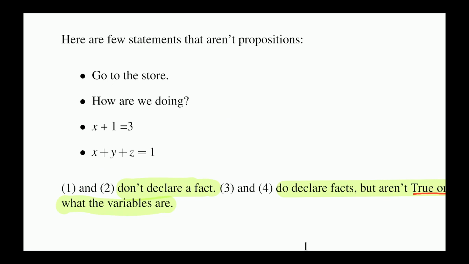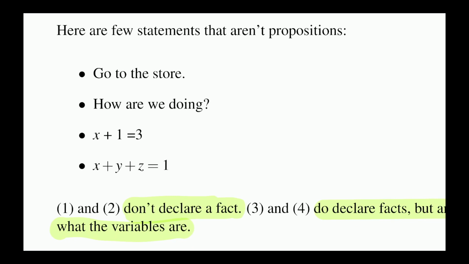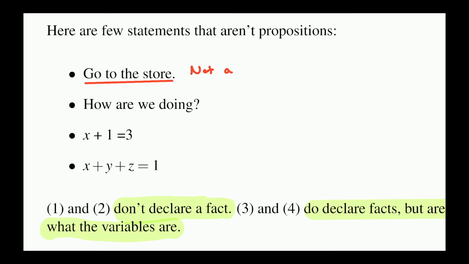So let's just go over these. These are statements that are not propositions. Right here, it says go to the store. Okay, not a proposition. Why? Because that's not a statement that declares a fact that's true or false, right? Not a statement that could be true or false.